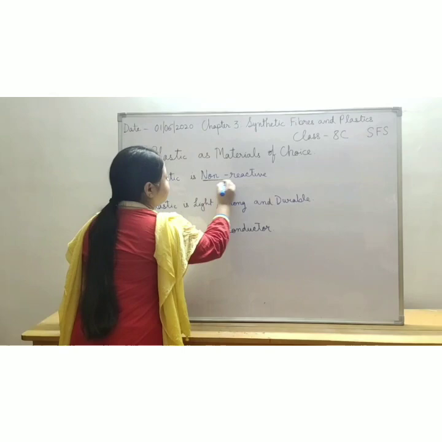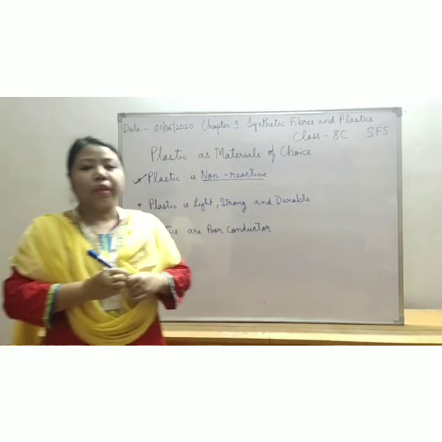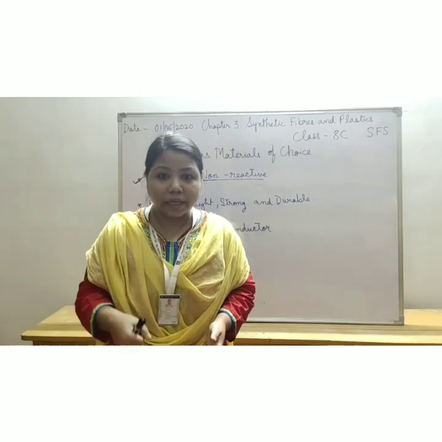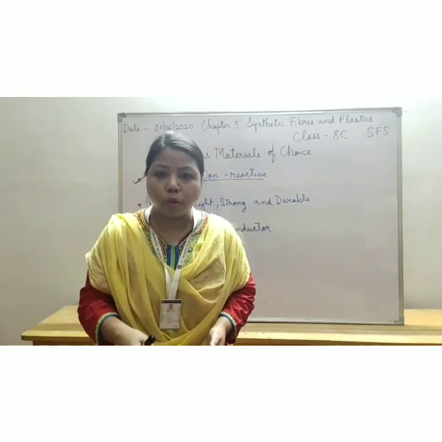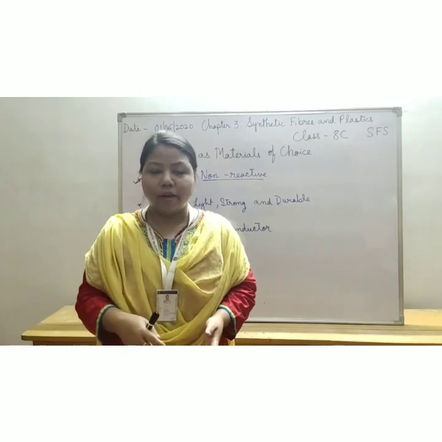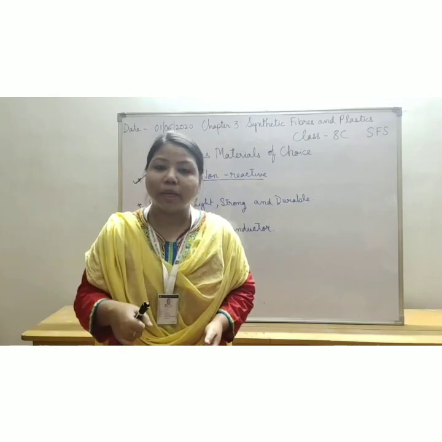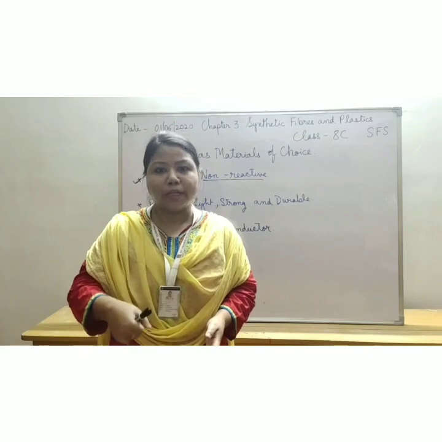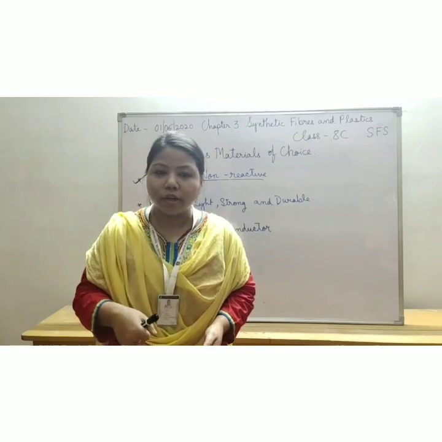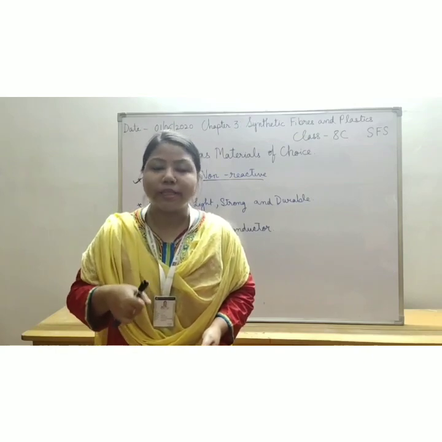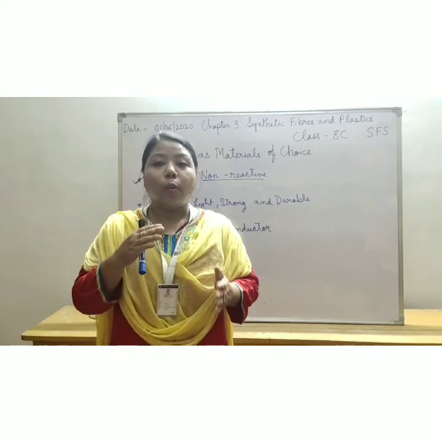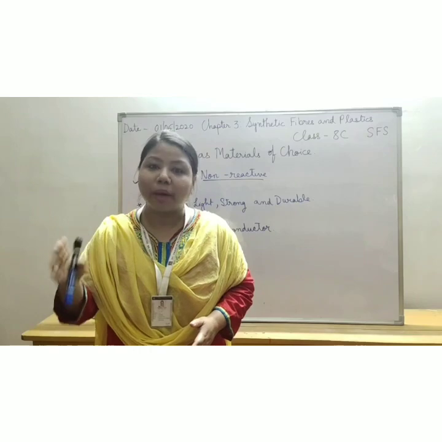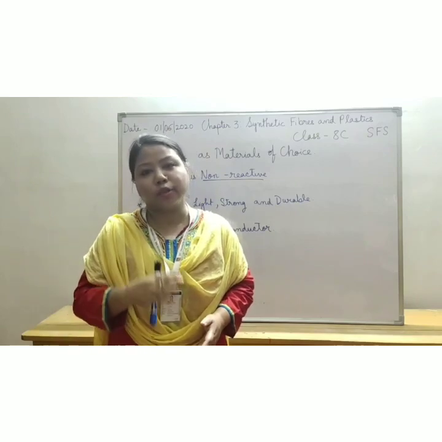Now children, you might have seen the bucket which is used to draw water from a well. That bucket is made of metal, and if you lift up the bucket along with the water, you'll find that it is quite heavy. But what material is used to make the buckets which you use at home?